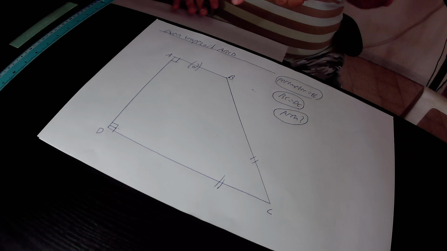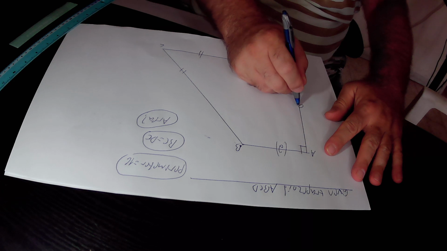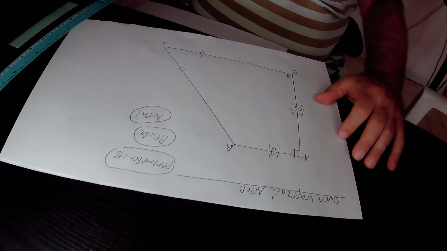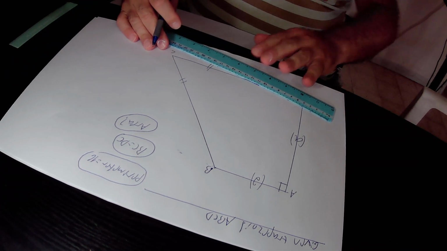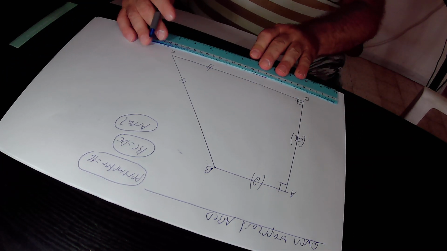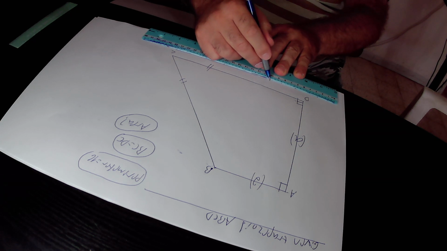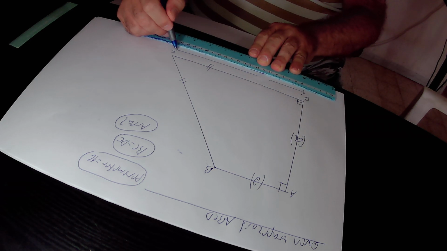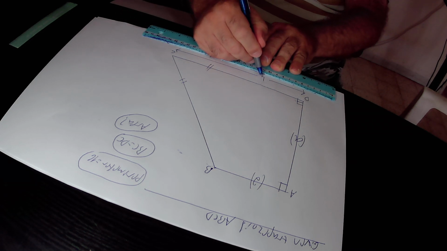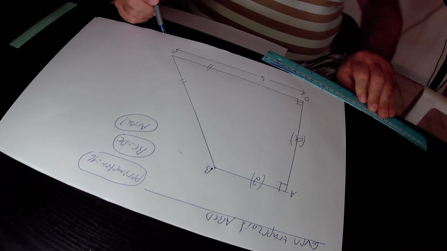We define the length of side AD as A, and we define the length of this side DC as B. We know that DC equals BC according to what is given in the question.